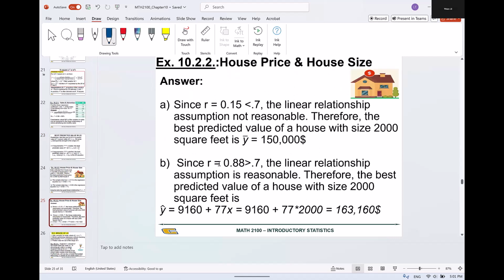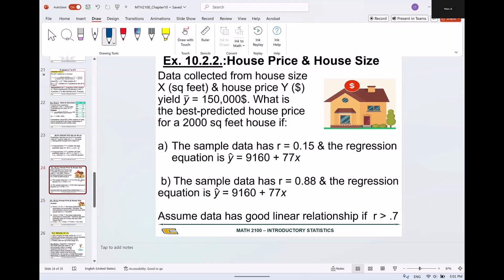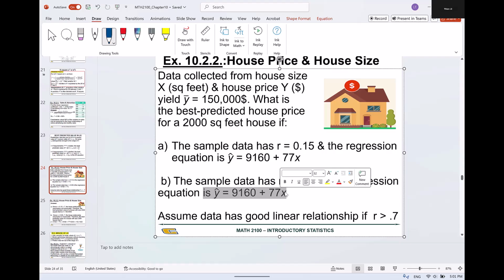And for the second case, where your R is 0.88, which is greater than 0.7, the linear relationship is reasonable. The condition is now satisfied, and therefore we can use this regression equation to make predictions.